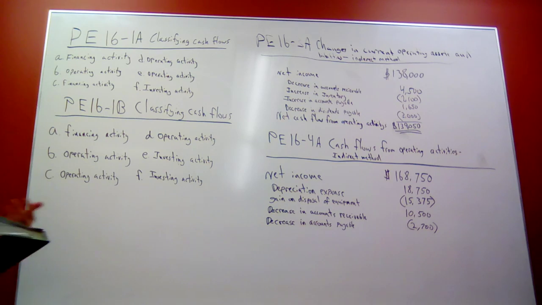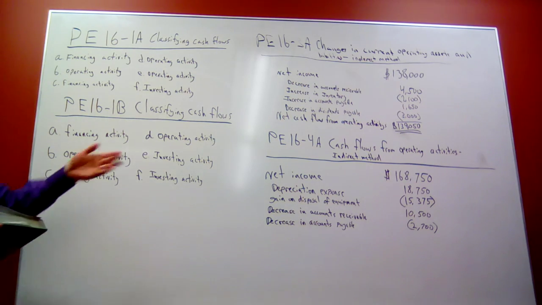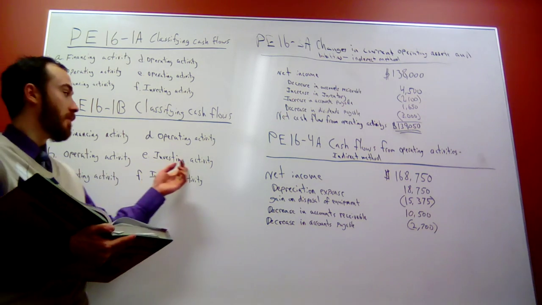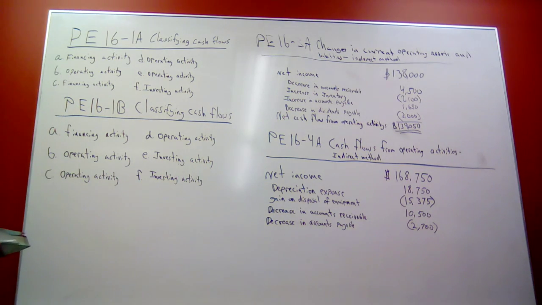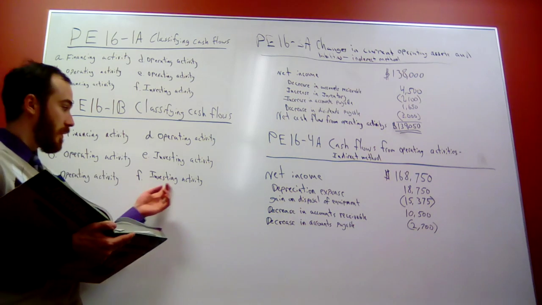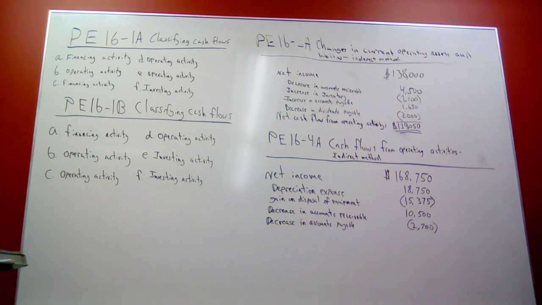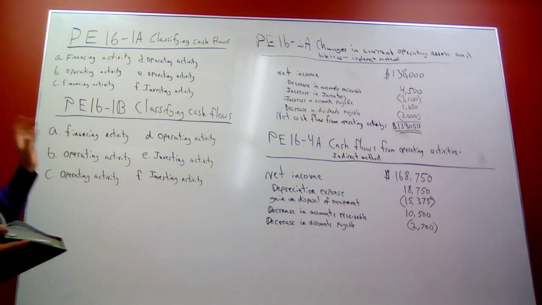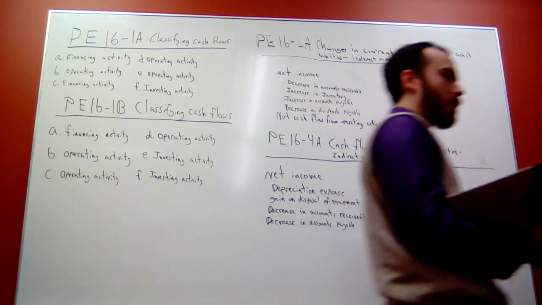That's just day-to-day operations. E, disposal of equipment, that'd be an investing activity. F, purchase of investments, investing activity. So I love these ones where it just helps you know which goes where.